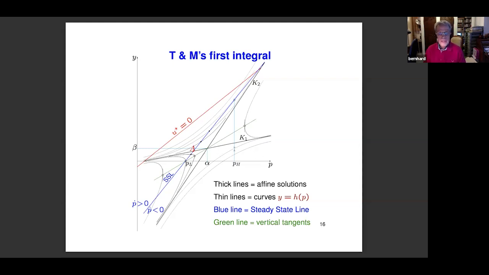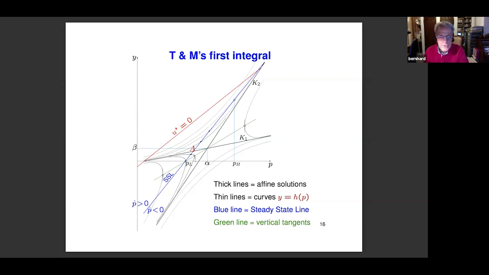Now, the big thick lines are the solution phi equal a affine function of p. And I drew them almost correctly, corresponding to Tsutsui and Mino's problem. And the thin lines are these famous lines y equal h of p, which are solutions of the differential equation coming from the first integral.